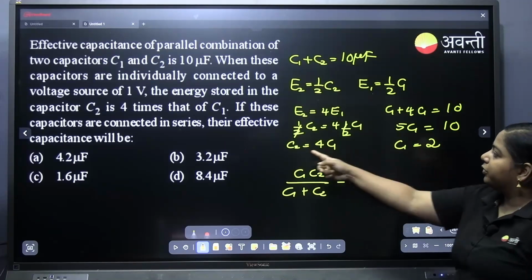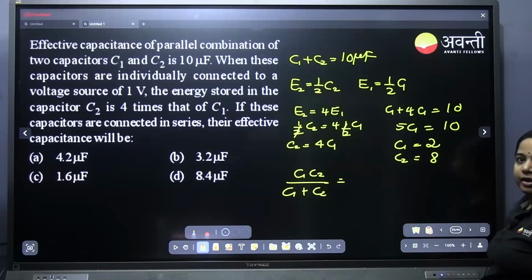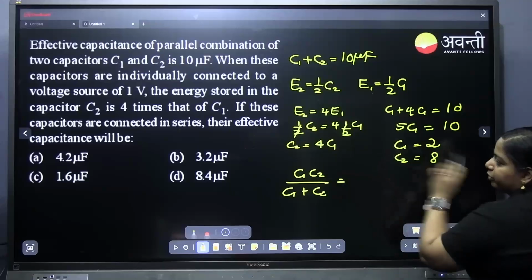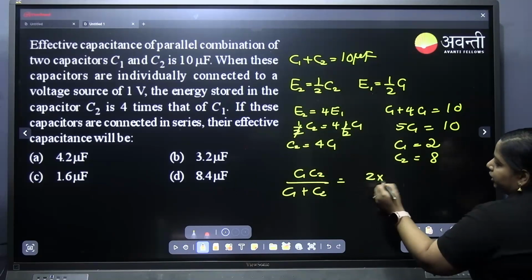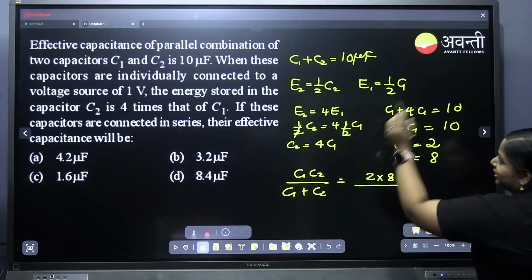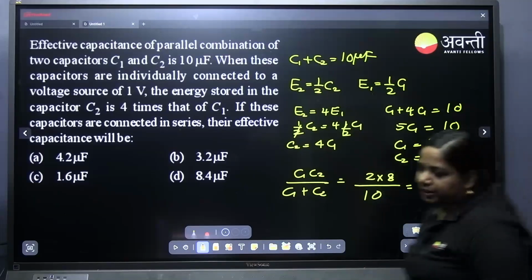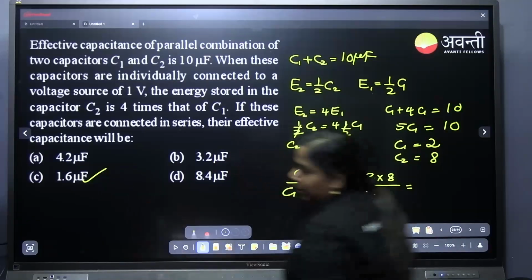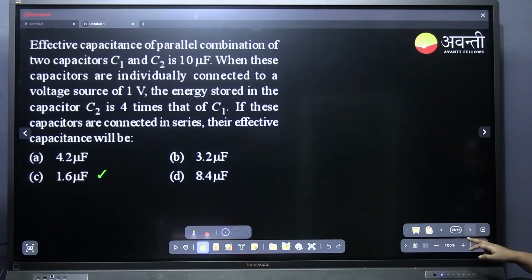If C1 equal to 2, C2 will be equal to 8. Right? C2 equal to 4 C1. Then you can substitute that here, C1 C2. 2 into 8 divided by C1 plus C2 already given 10. So 16 by 10 equal to 1.6 answer. Is it clear for all? Okay. Moving on to next question.